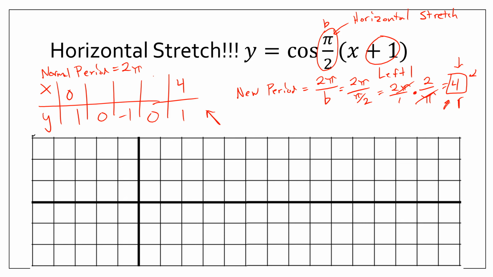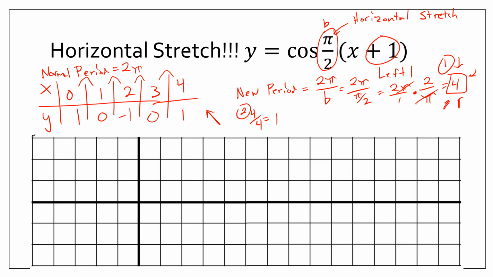I need to figure out how do I get from 0 to 4 with nice even spacing. So here's the trick. If you divide whatever your period is by 4, that will give you the increment. In this case, it's 1. So if I go 0, 1, 2, 3, 4 for my x values, this follows a nice pattern. I know this is a lot of information, but first step, find the new period.